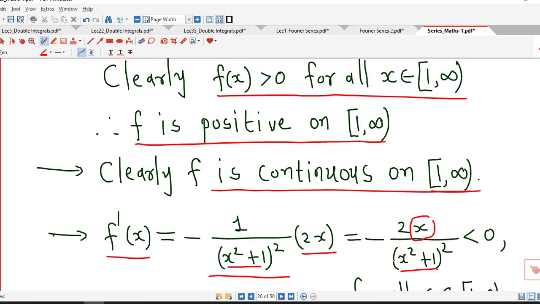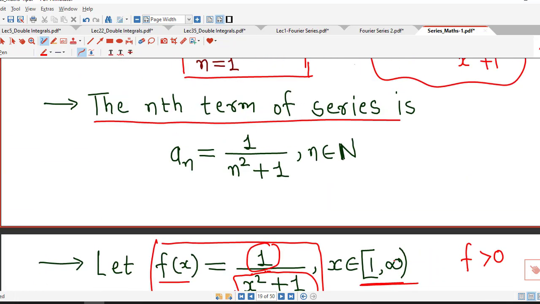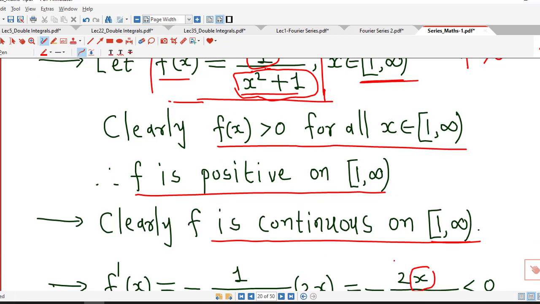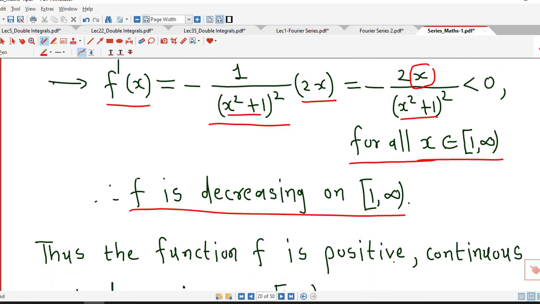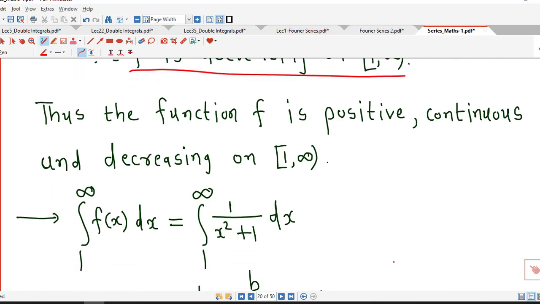So we can apply the integral test because this function f is positive, continuous and decreasing on [1, infinity). So now we check the convergence of the integral from 1 to infinity of f(x), where f(x) equals 1 by x squared plus 1.